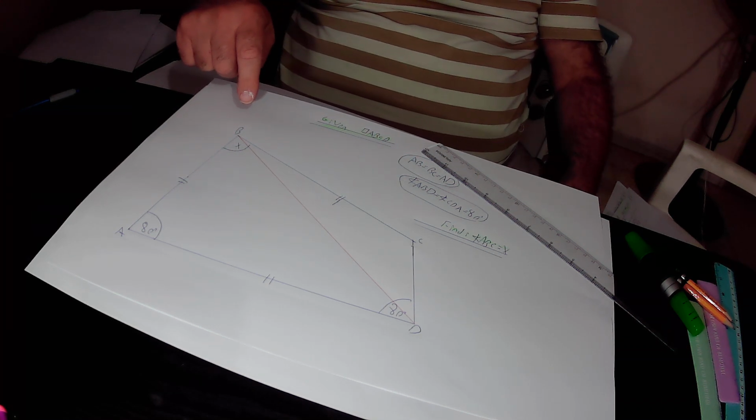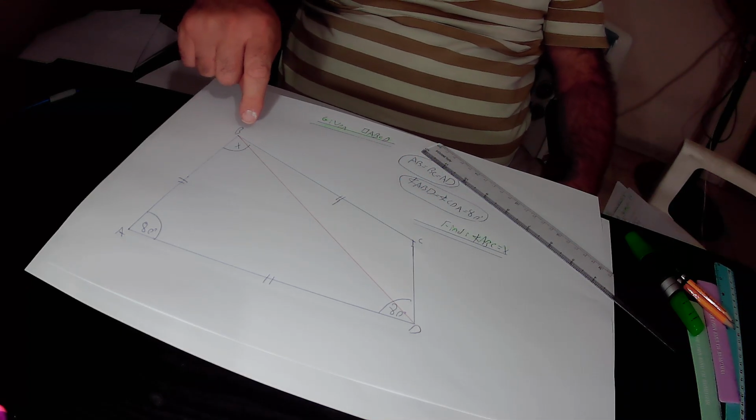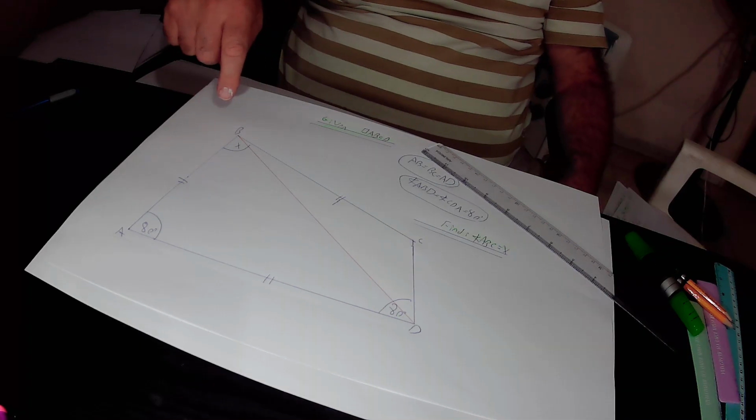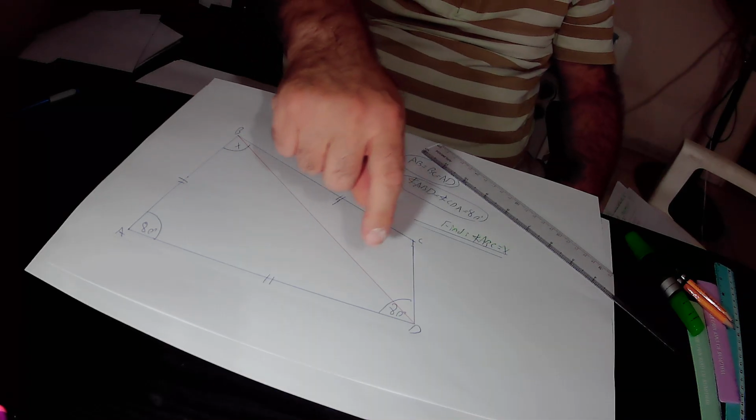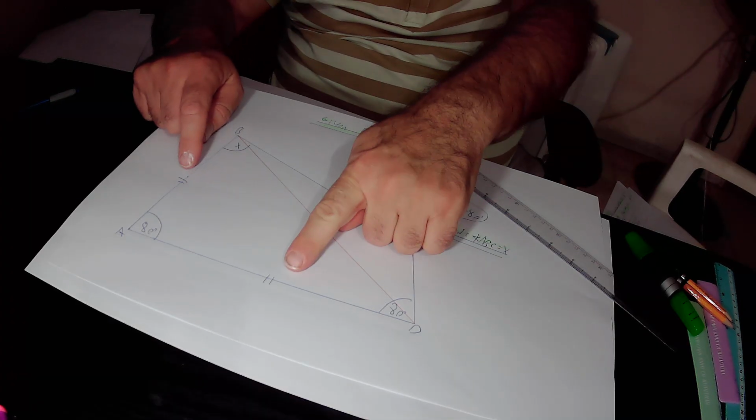The first triangle is triangle BCD, and the second triangle is this triangle BDA. So this triangle BDA, those two sides are equal to each other.